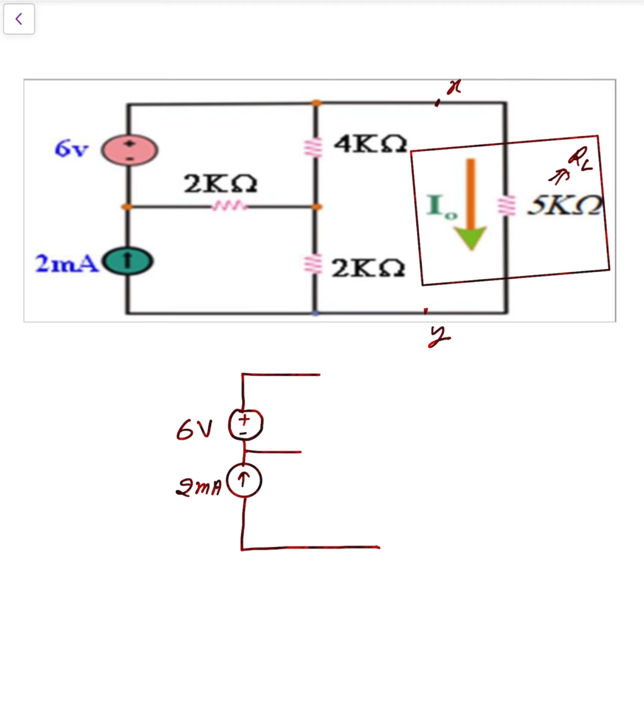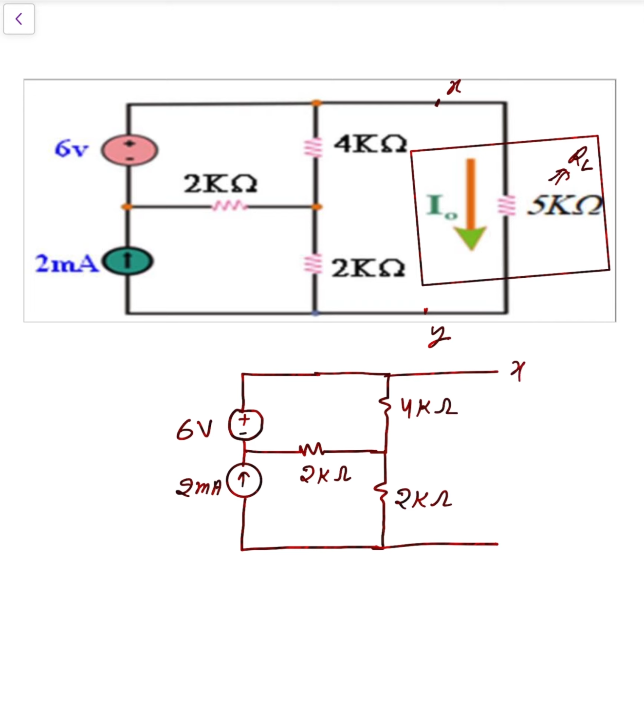Here 2 kilo ohm, that is 2 kilo ohm, and this one is 4 kilo ohm. And here 2 kilo ohm. That one is the X terminal and that one is the Y terminal. Clear or not?